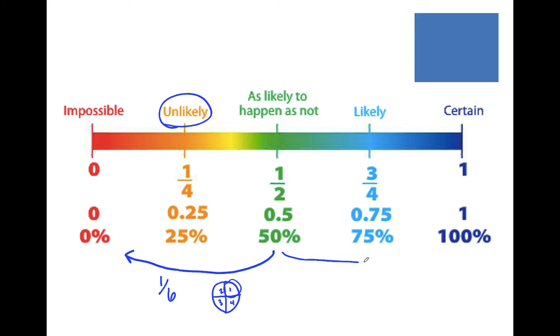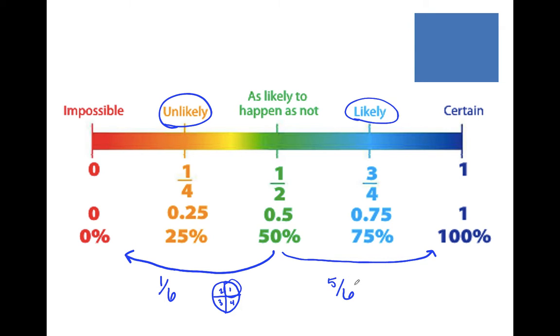Anything that is greater than 50% likely to happen is likely. For example, the probability of rolling a die and landing on any number that is greater than 1. There are 6 sides on a die, and there are 5 numbers that are greater than 1 out of 6.